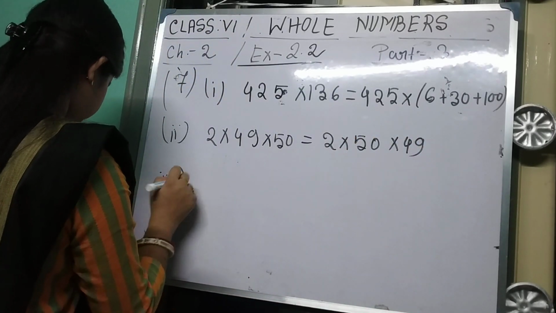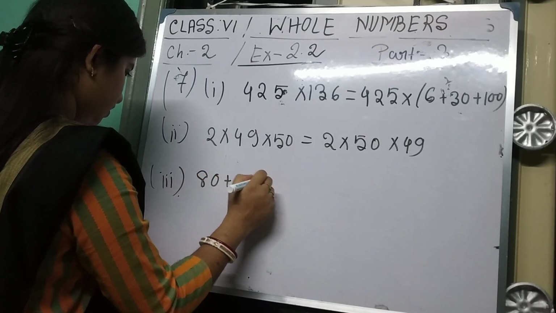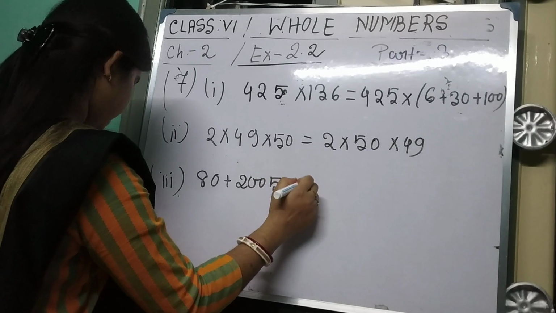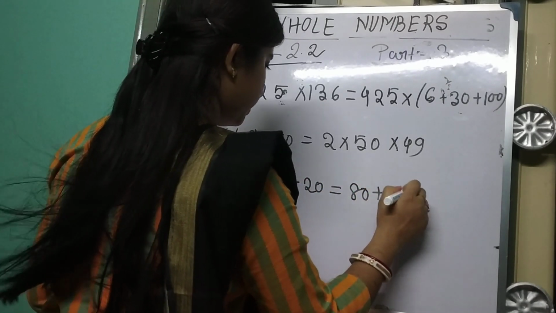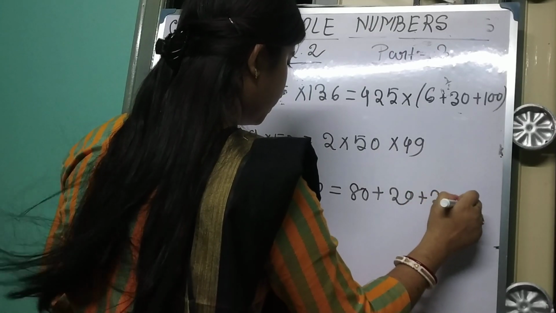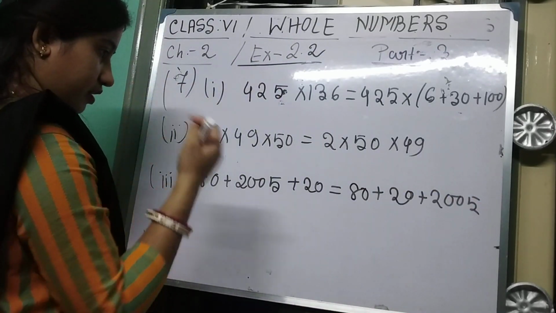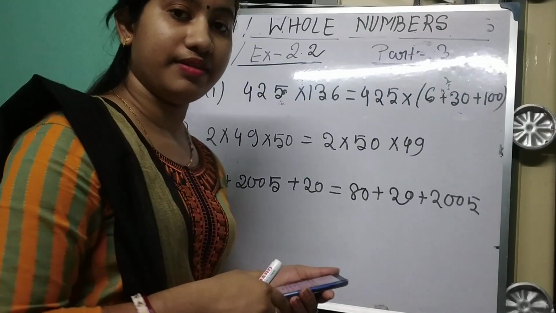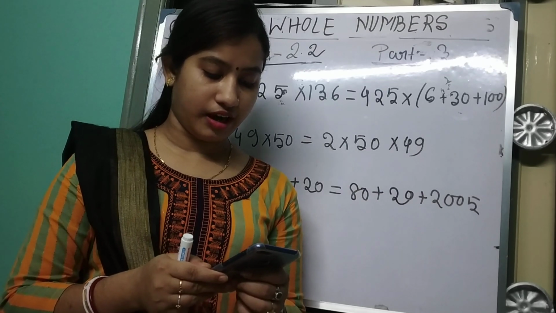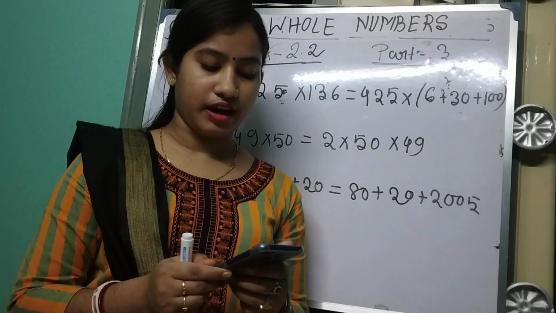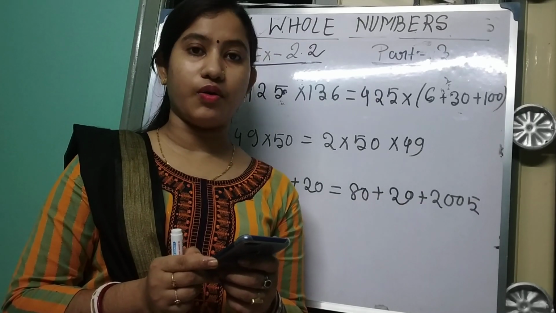Next is 80 plus 2005 plus 20. This is equal to 80 plus 20 plus 2005. Now, here three options are given. Number A, commutativity under multiplication; number B, commutativity under addition; and number C is distributivity of multiplication over addition.